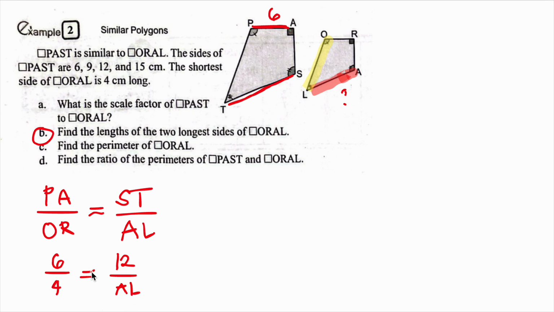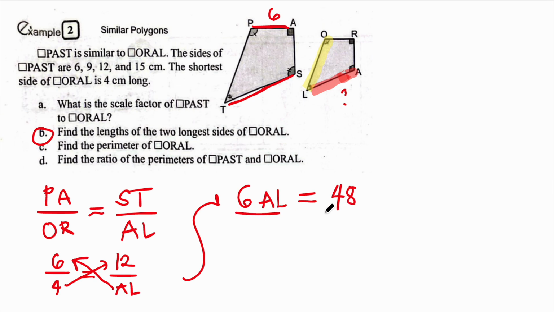So how can we find this? We use the method that we know, the cross multiplication method. When we multiply AL by 6, the result would be 6AL. That is also equal to 4 times 12, which is 48.